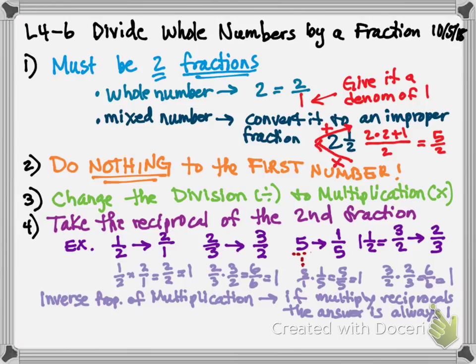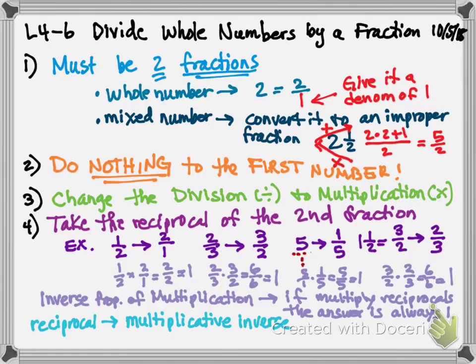We actually have another name for reciprocal, and it goes with the name of that property. So reciprocal is also known as, and this is why we don't like to use this one, multiplicative inverse. They mean the same thing, okay?